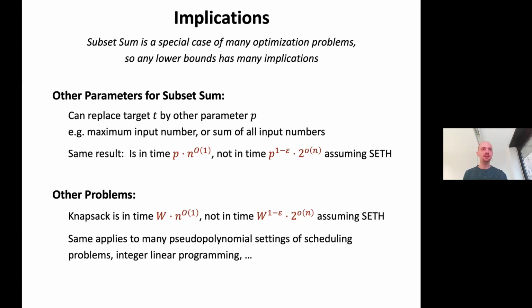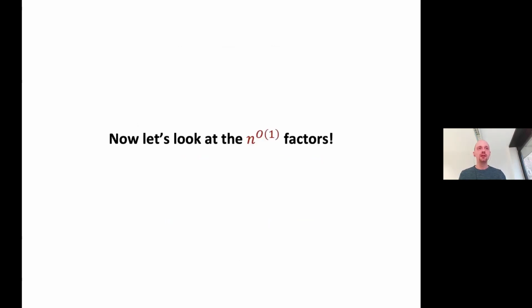So oftentimes there are some natural pseudo-polynomial parameters, and we now know that you need this linear dependence on this parameter. Okay, so that's all nice and good, but we ignored the polynomial factors, right?